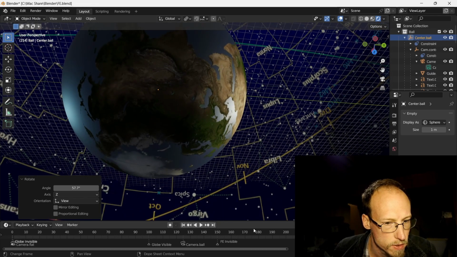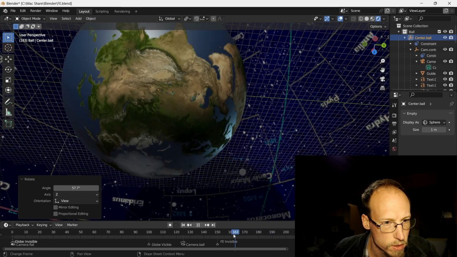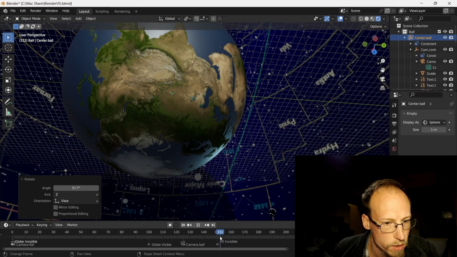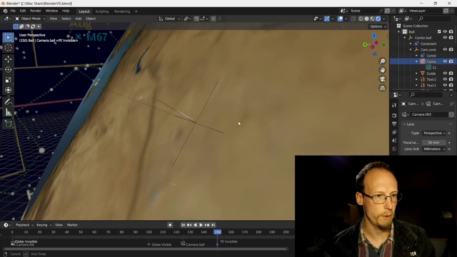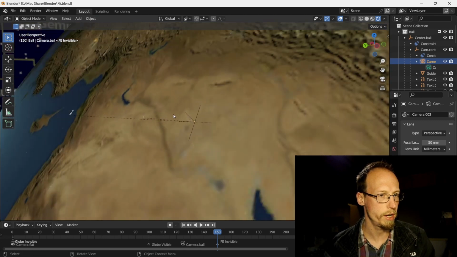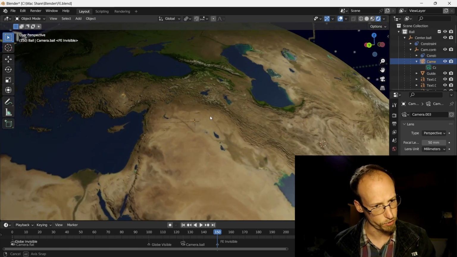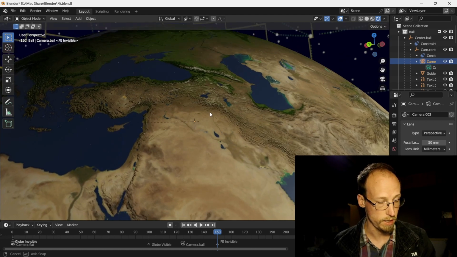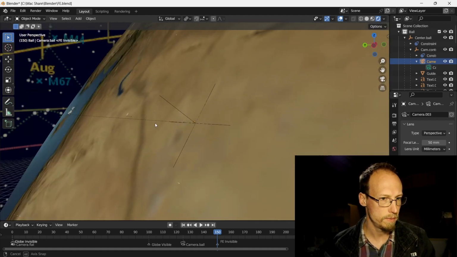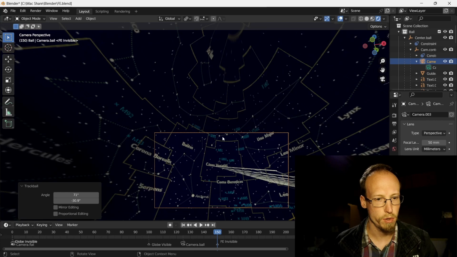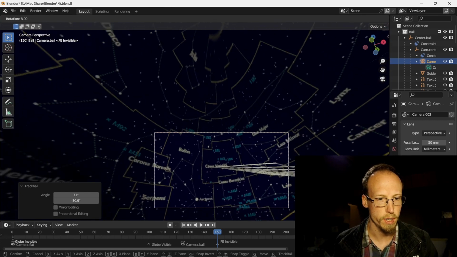So I'm going to advance this to timelapse day over here. Sorry about that. We are somewhere here in the Middle East, kind of north. I don't know if this is Syria or this. I have no idea. And I'm in free rotate, so that's hitting R twice.